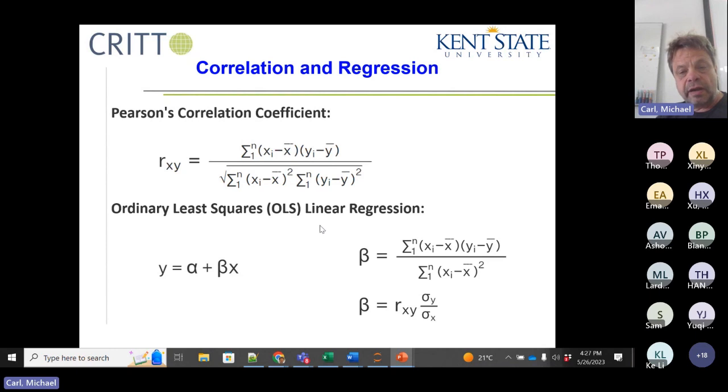And this linear regression looks very similar, but it only replaces this y with an x here. So whereas this correlation is symmetrical, this least square, this linear regression is not.